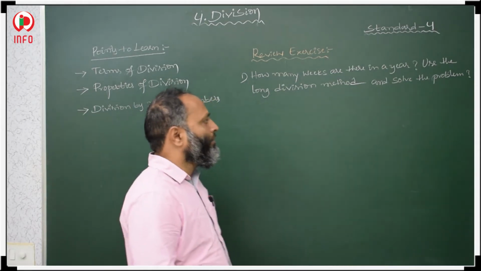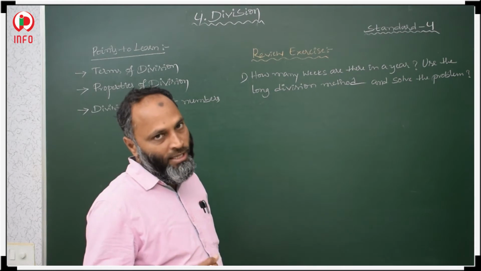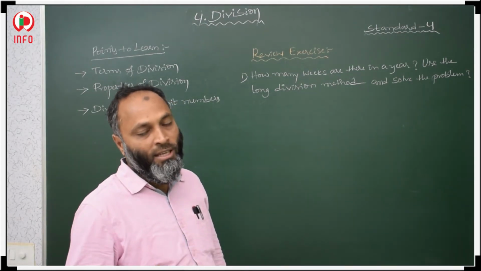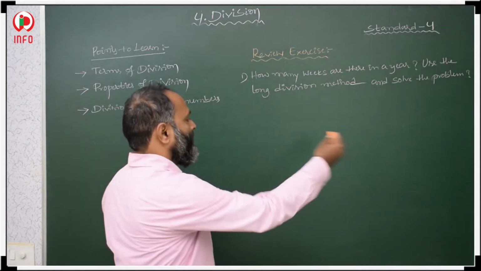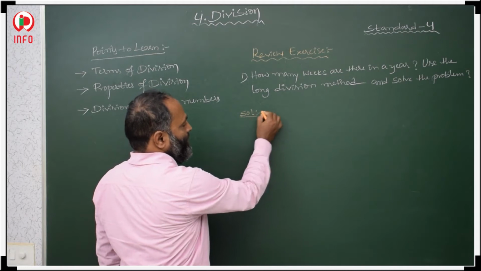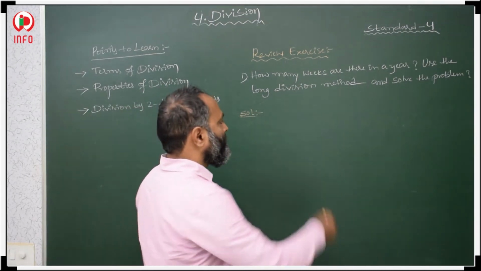So how many weeks? In a week how many days are there? With the days, we have to divide the number of days in a year. First, we write the solution.